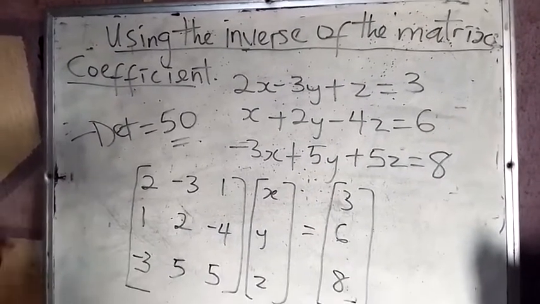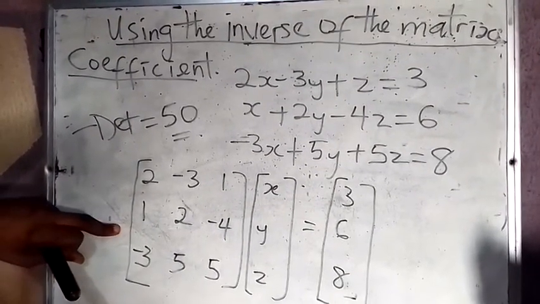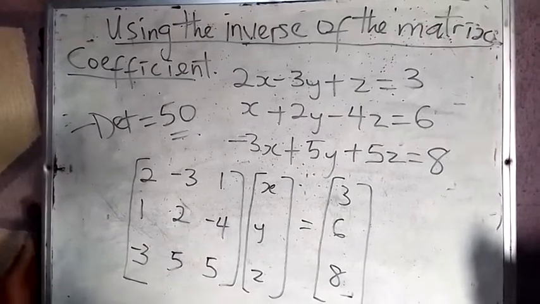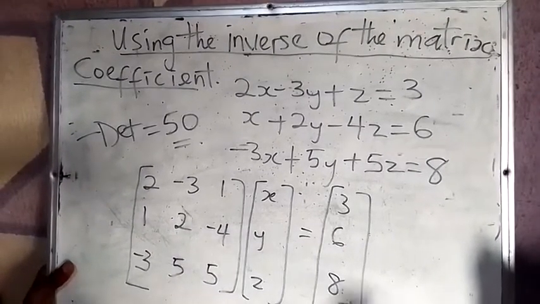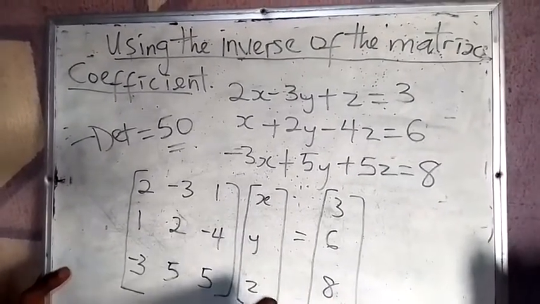The next thing is to find the minor of this. I believe you all know how to find the minor. If you don't know how to find the minor, you can check my previous videos.